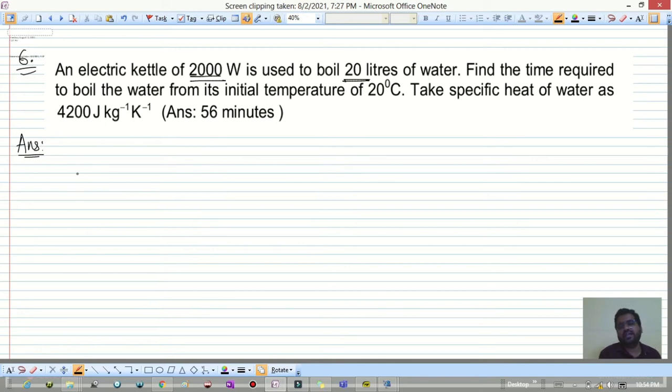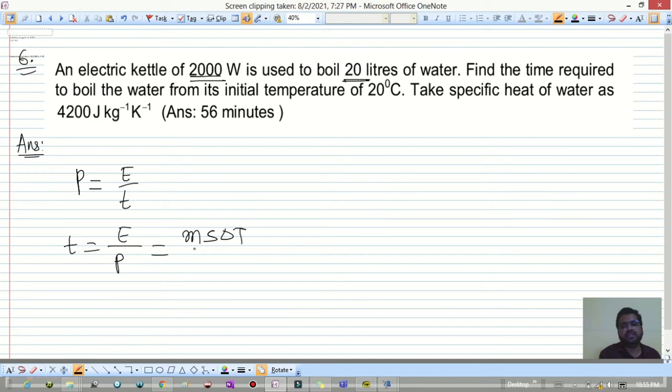So over here, it is given electric kettle 2000 watt is used to boil 20 liters of water. Can we write power is equal to energy per unit time? So time we have is energy divided by power. So energy we have is m s delta t divided by the power P. So what is m? 20 liters, 20 into 10 to the power minus 3. S is 4200 joule per Kelvin per kg, into delta T, the final temperature minus the initial temperature.